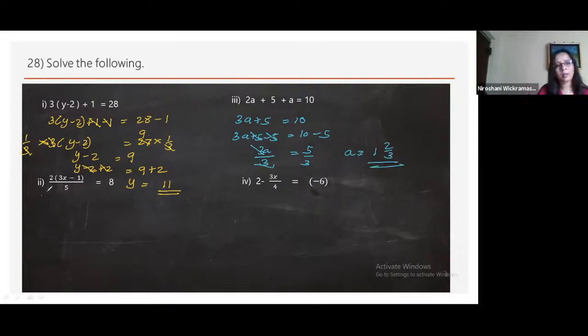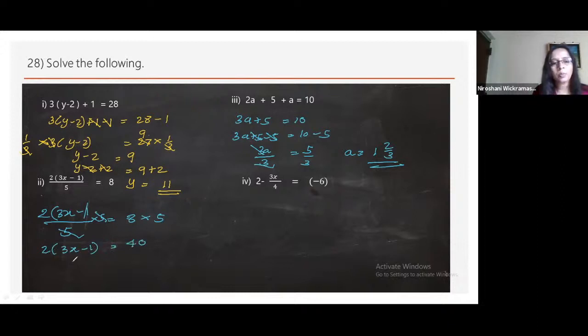This one. First of all, we can get rid of 5. 2(3x minus 1) divided by 5 equals 8. Then multiply this side by 5, this side by 5, cancel out. 2(3x minus 1) equals 8 times 5, that is 40.